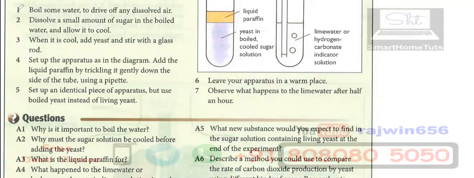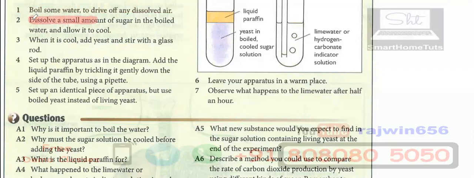The first statement is boil some water to drive off any dissolved air. Because here we are studying the process of anaerobic respiration, there should be absence of air or oxygen. Some dissolved air, oxygen, is present in water, so we will boil that off and remove the dissolved oxygen.